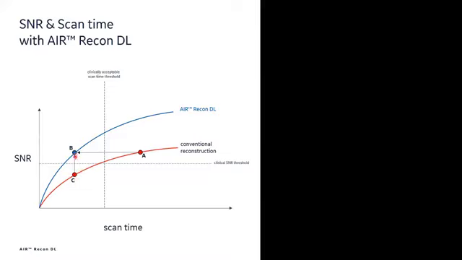Point C has too low of an SNR, but a good short scan time. And again, AIR Recon DL can deliver point B with higher SNR, keeping the scan time fixed. And again, realizing the different ranges that you have to work with, very narrow for conventional, but much wider with AIR Recon DL. These are the scan time ranges that you can work with, simultaneously keeping the SNR high and your scan time low.